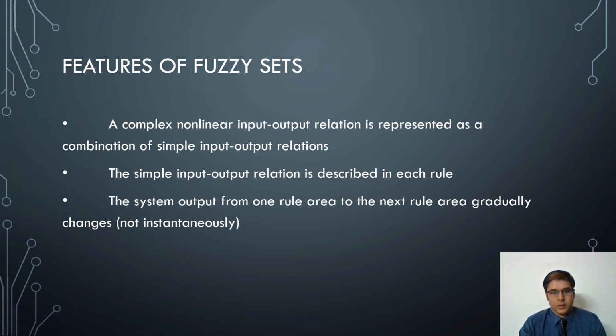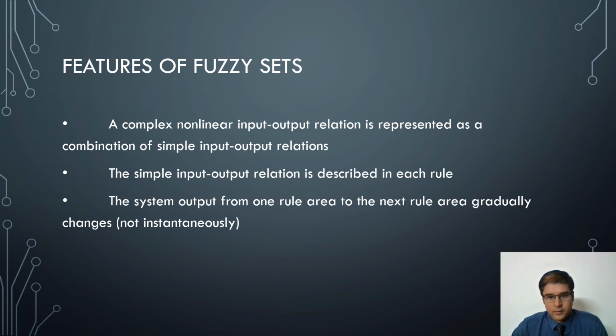So, given a complex nonlinear input-output relation, we specify a simple input-output relation in each rule by a set of rules, that is, and the system output from one rule area to the next rule area gradually changes. Gradually changes means not instantaneously.